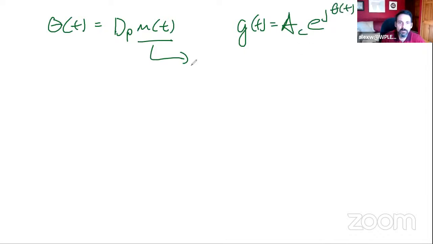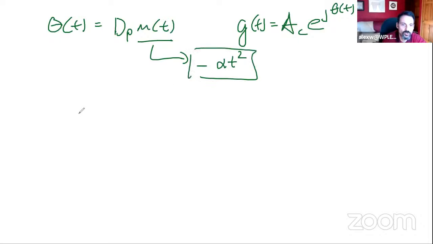So let's say m of t is equal to minus alpha t squared. Let's say we have a signal that looks like that as you progressively go along. As a simple example, this one's going to be kind of easy to solve, right? Because let's say we have alpha, and we plug in this thing.